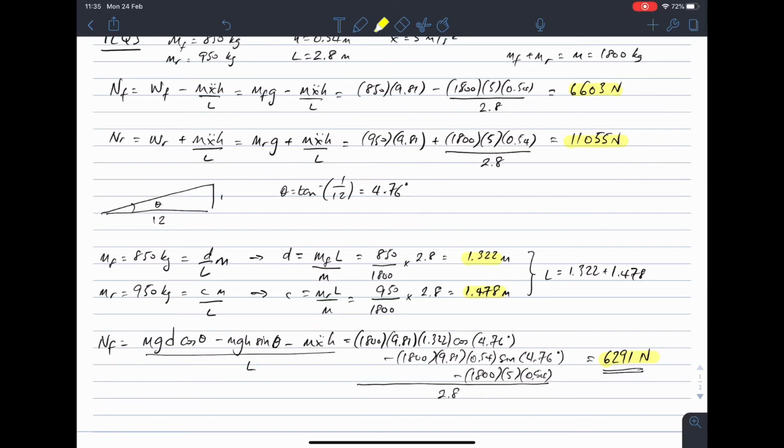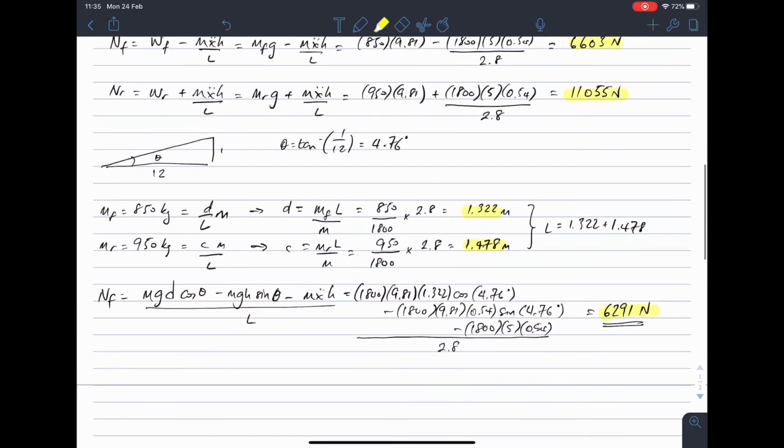And again, for NR, I'm going to use the quick method, which is just to subtract it from the total normal load, mg minus NF.